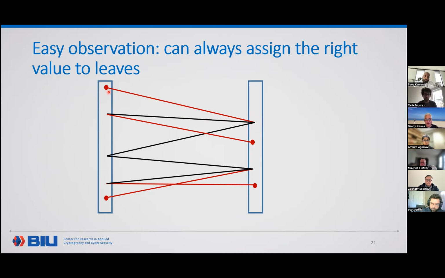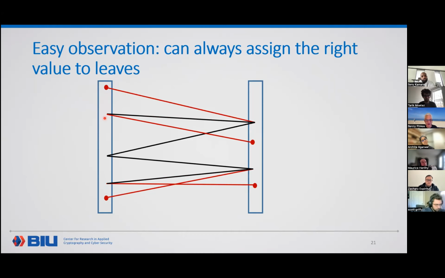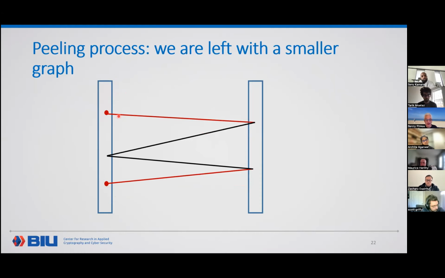So just take them out and look at the graph without these leaves. This is the peeling process. We take out all edges that touch leaves, and we get a simpler graph. In this graph, this edge before didn't touch a leaf, but after we took out these edges, this edge touches a leaf.